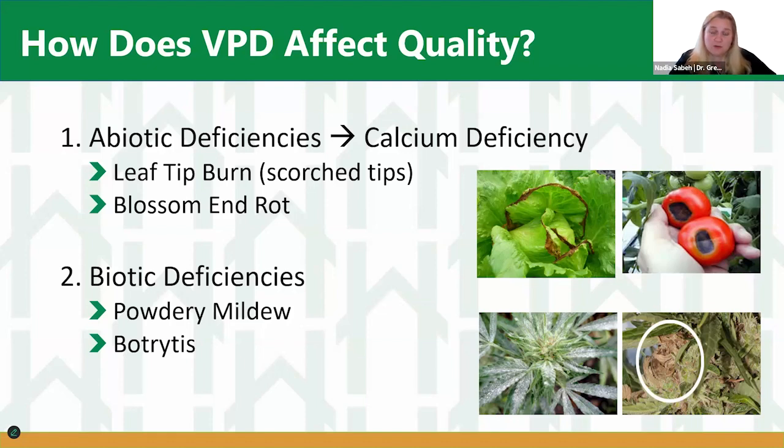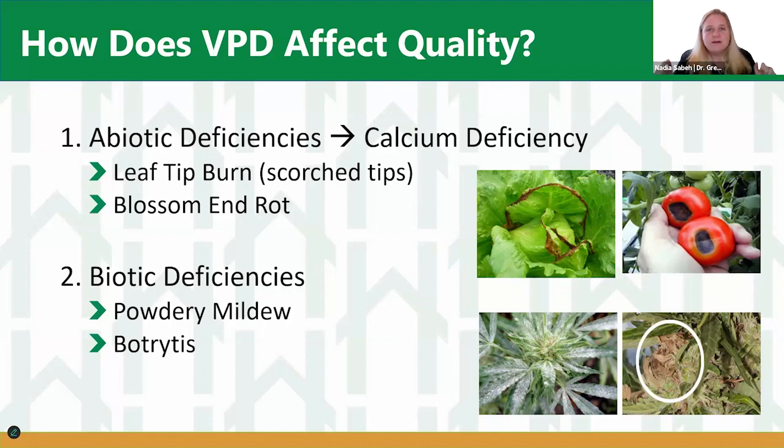It gets deposited through water, so it actually moves with the stream of water that's flowing through the plant. So if you have a really high VPD, what can happen is that your plant transpires so quickly that it basically leaves the calcium behind and it can't deliver the calcium to all the parts of the plant.